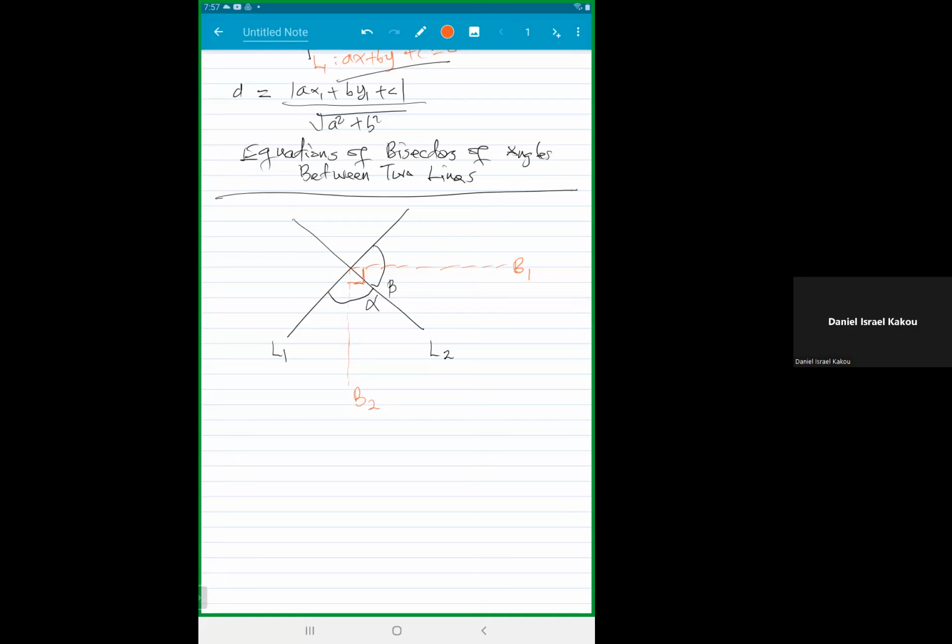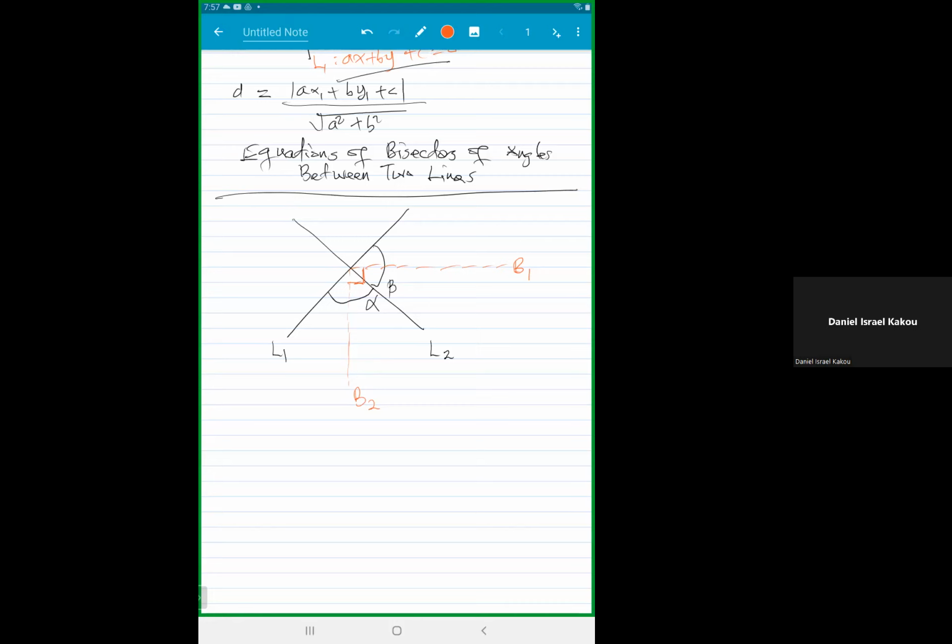And we use this a lot when we are discussing squares and rhombuses, because usually the diagonals of a square bisect each other at 90 degrees. I think we'll be solving a question with respect to that, one of the difficult questions I added to the tutorial set, and we will see the relevance of this.